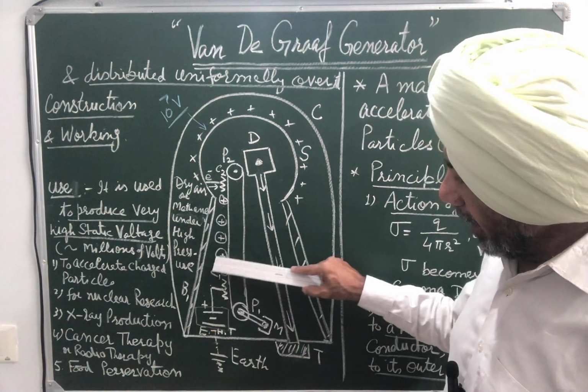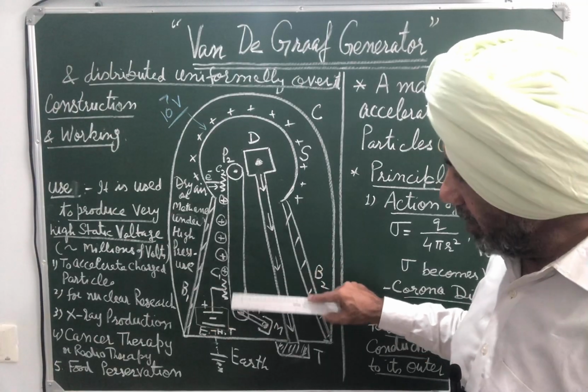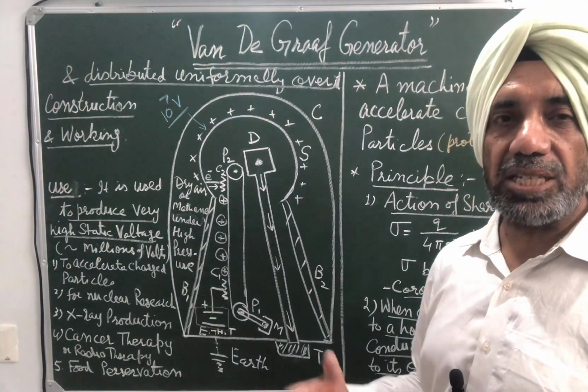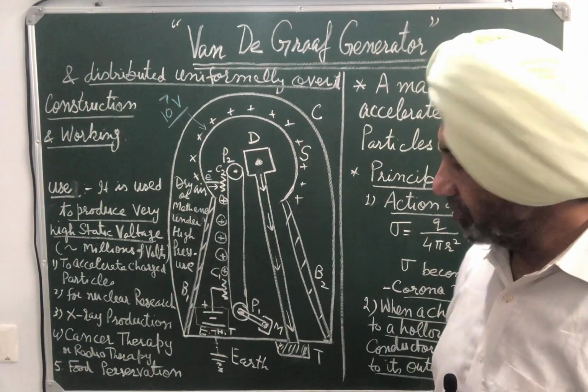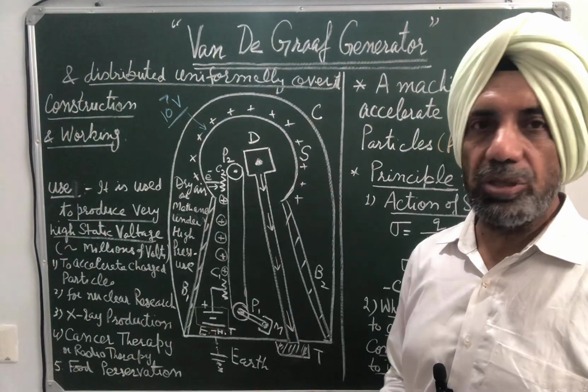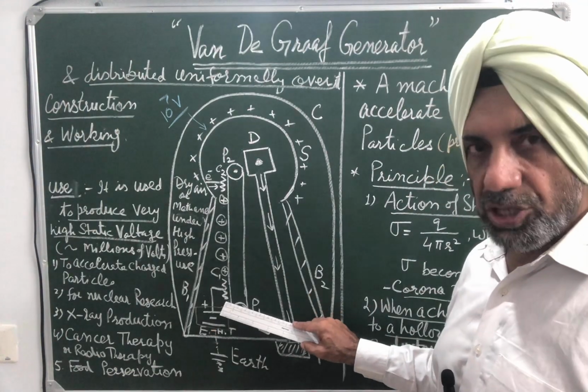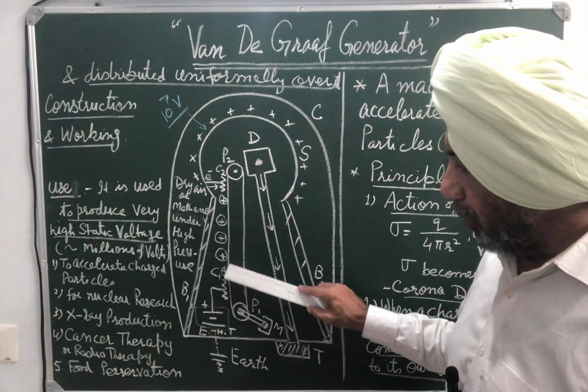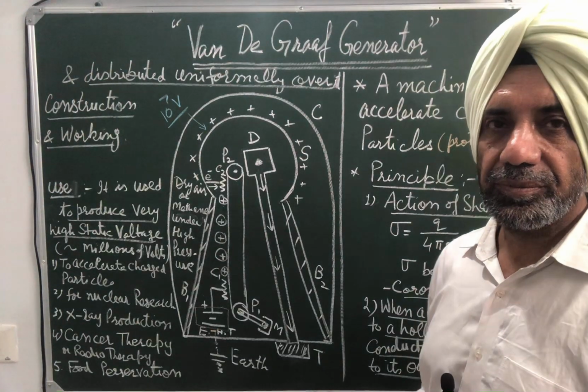Then the air inside the chamber surrounding this comb C1 gets ionized. As a result, a large number of positive ions are produced because C1 is at positive charge.